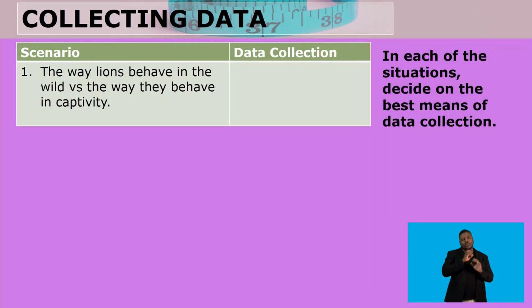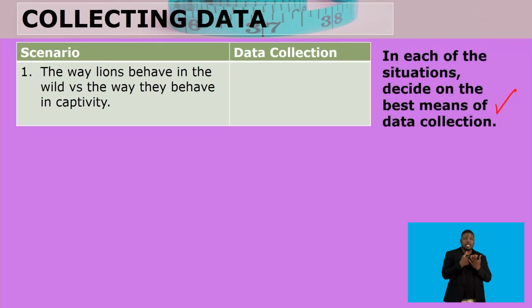All right, let's look at some examples. It says, in each of the situations, decide on the best means of data collection. The first scenario we have is the way lions behave in the wild versus the way they behave in captivity. Now remember, we've got three data collection methods. So let's take an interview. Can we sit a lion down and interview it?